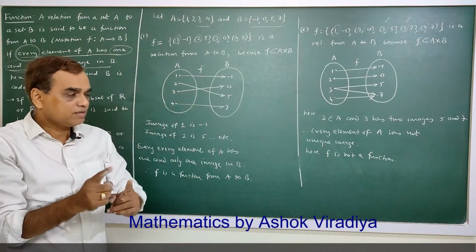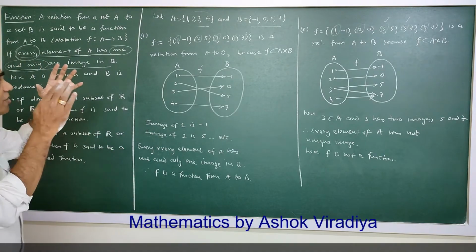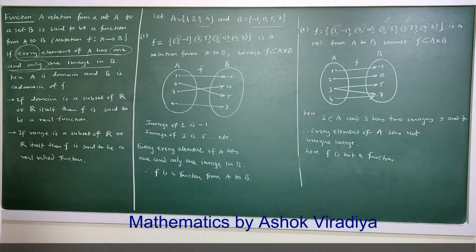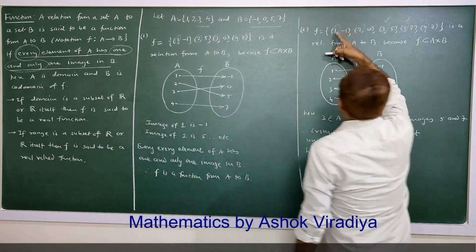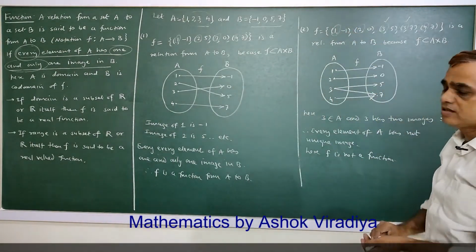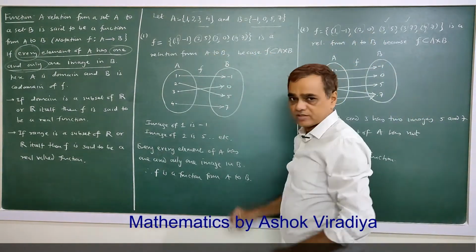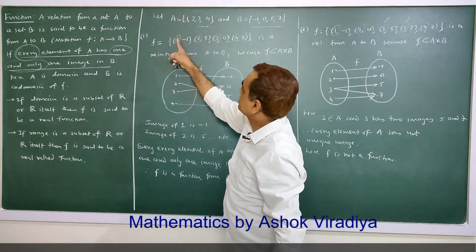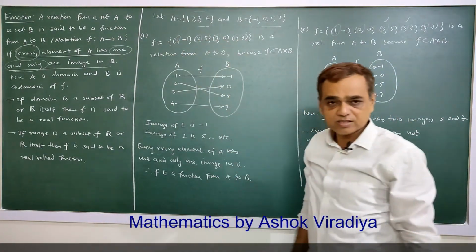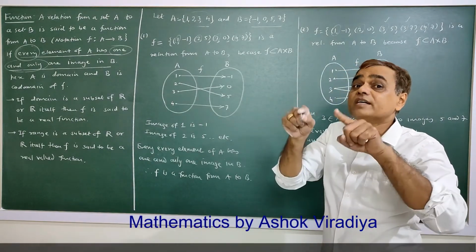So keep in mind, to check whether a given relation is a function or not, always observe first place. No need to observe second place. What you have to observe? Every element must be in first place, but without repetition.